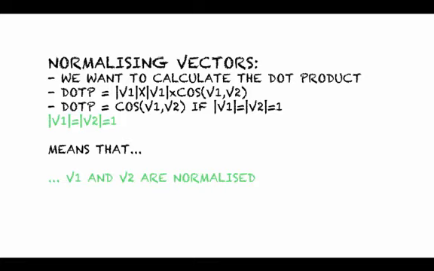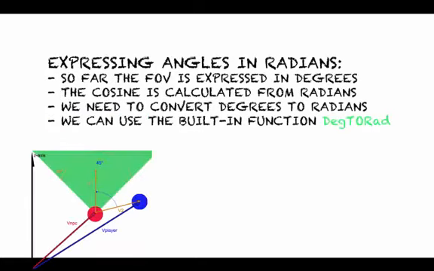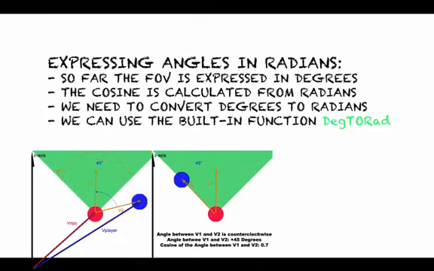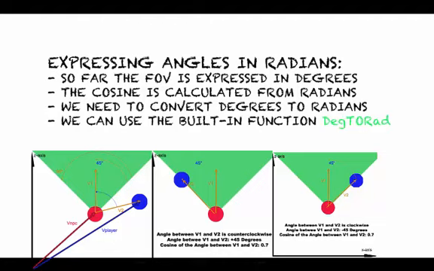So at this stage, we have two normalized vectors. Their magnitude equals 1. And we need to calculate the cosine of the angle defined by them. You will notice that so far, we have been using degrees for angles. Notice that the field of view, FOV, equals 90 degrees.